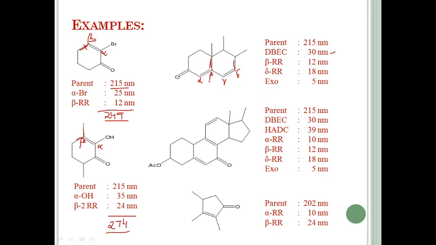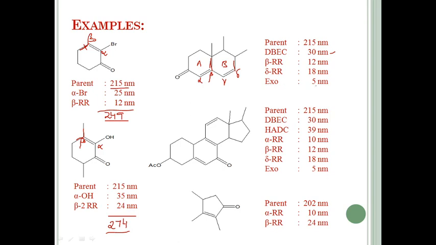Now let me consider whether any exocyclic double bond is present in the system. Yes, of course, here this is A ring and this is B ring. For the case of A ring there is no exocyclic double bond, and for the case of B ring you are having one exocyclic double bond.